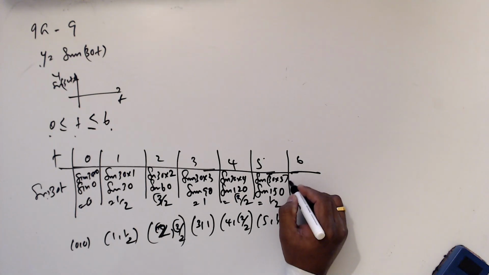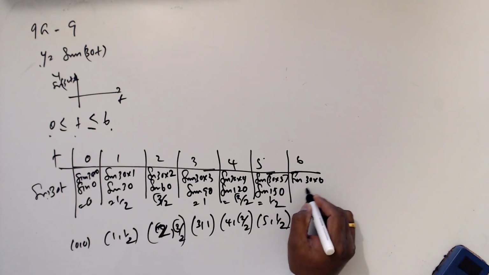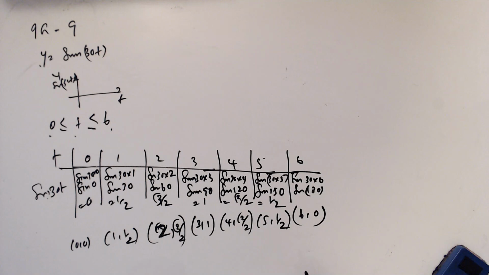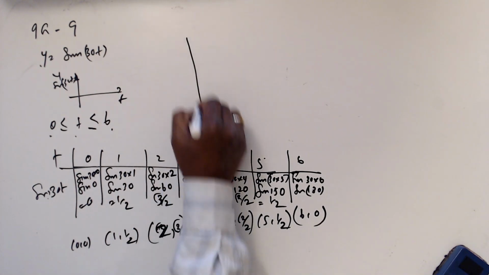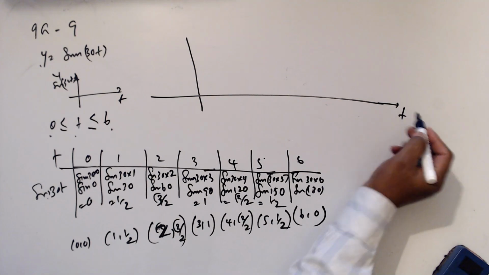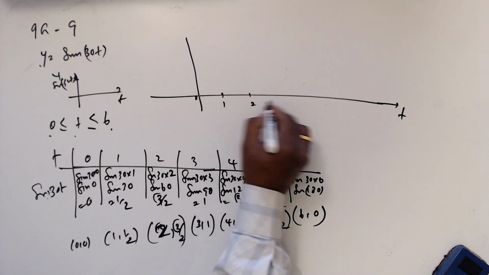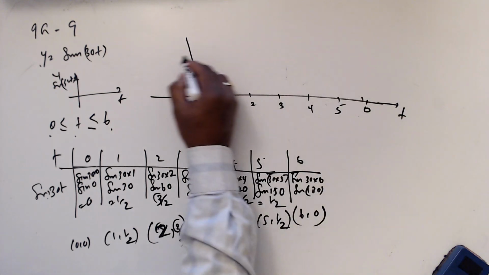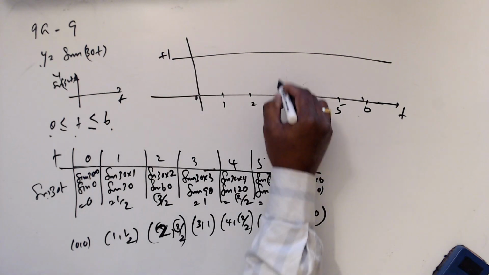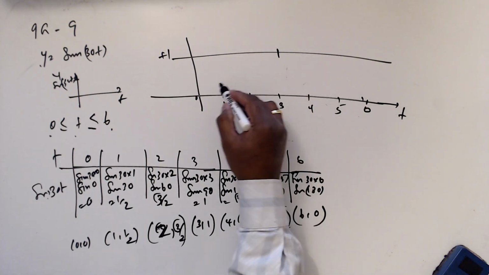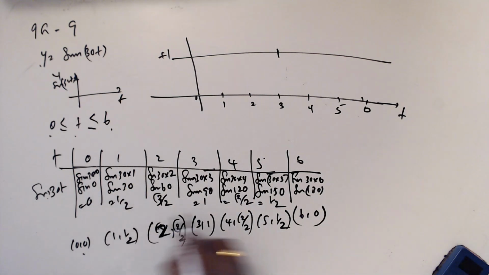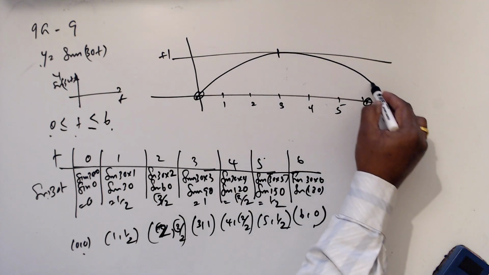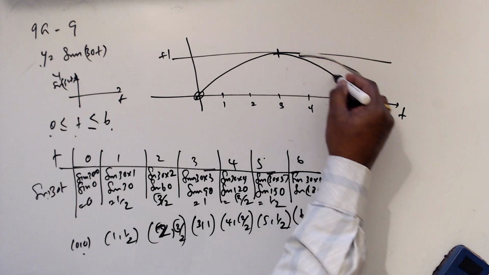And sin of 30 times 6 is sin 180, which is again 0, so (6, 0). So we have the coordinates to draw the graph. This is t: 0, 1, 2, 3, 4, 5, 6, and the maximum value is 1, here. When t equals 0 and 6, y is 0, so those are the two roots. So it's going to be something like this.